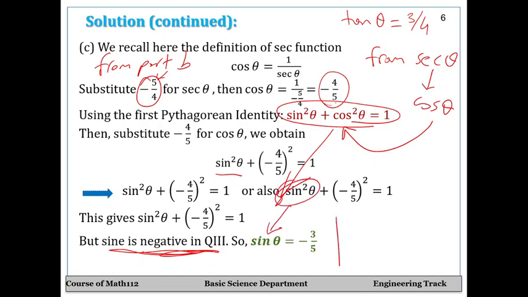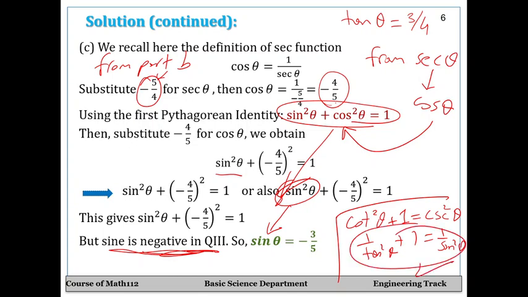It goes this way, but in my method, before, I did it like this: cotangent squared theta plus 1 equal to cosecant squared theta. I said this is 1 over sine squared theta, and this is 1 over tangent squared theta. This you can use, and this is also okay. No problem. Both ways are fine.